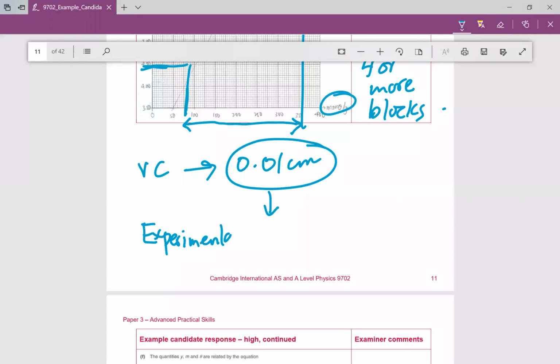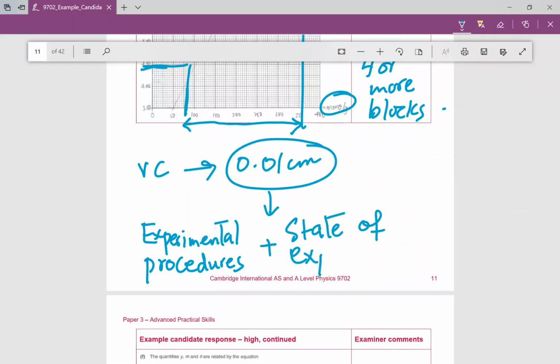Experimental procedures could include how you are using the vernier caliper to take the reading, plus the state of the experimenter. A lot of times when you're doing the experiment, you feel that a single person cannot handle all the equipment. So because of these two things, you have an influx of random error.